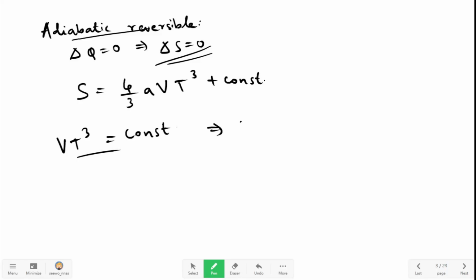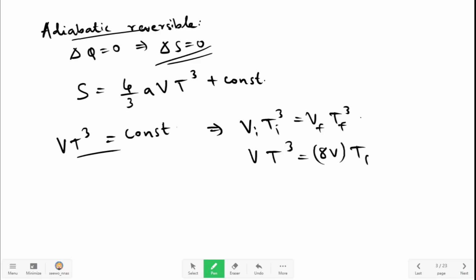Therefore we can write Vi Ti cube is equal to Vf Tf cube. Now Vi is V, Ti is T, Vf is 8V, and Tf is what we have to find out. From here Tf cube is equal to 1 by 8 T cube.